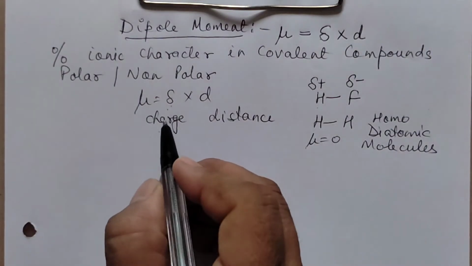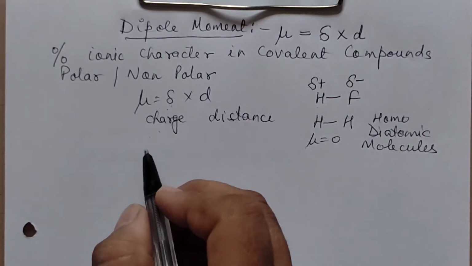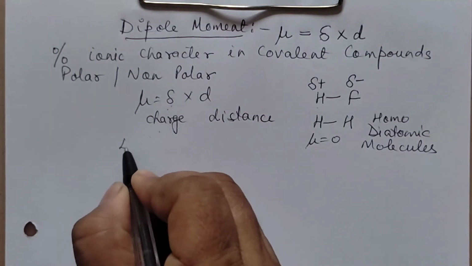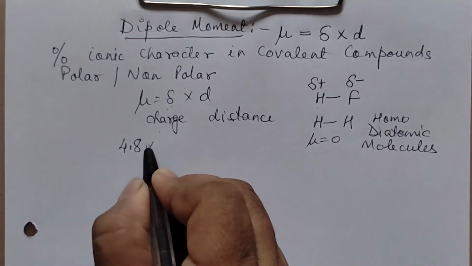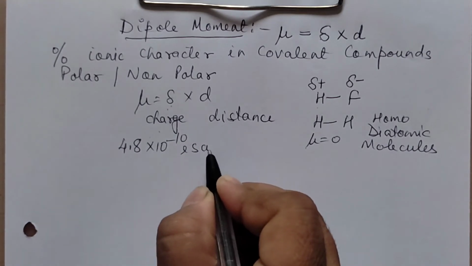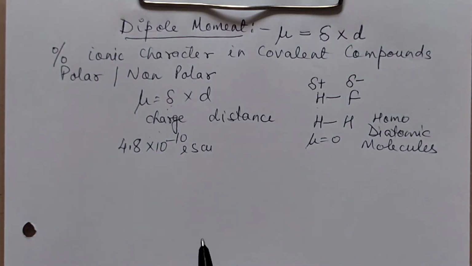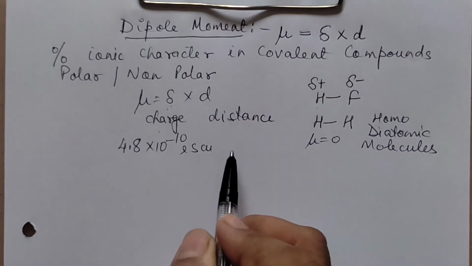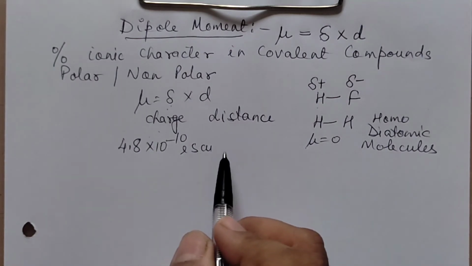Now charge normally we find in terms of either coulombs or in terms of ESU. 4.8 into 10 to the power minus 10 ESU. Either you can write it as 1.6 into 10 to the power minus 19 coulomb, but in SI units we take it like this, ESU, electrostatic unit.